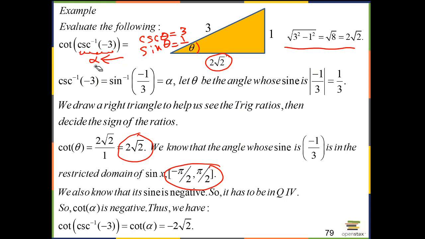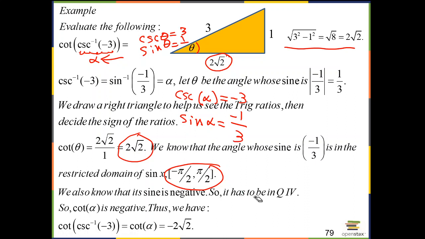So alpha is an angle whose cosecant is negative 3. That means sine of alpha is negative 1 over 3, right?